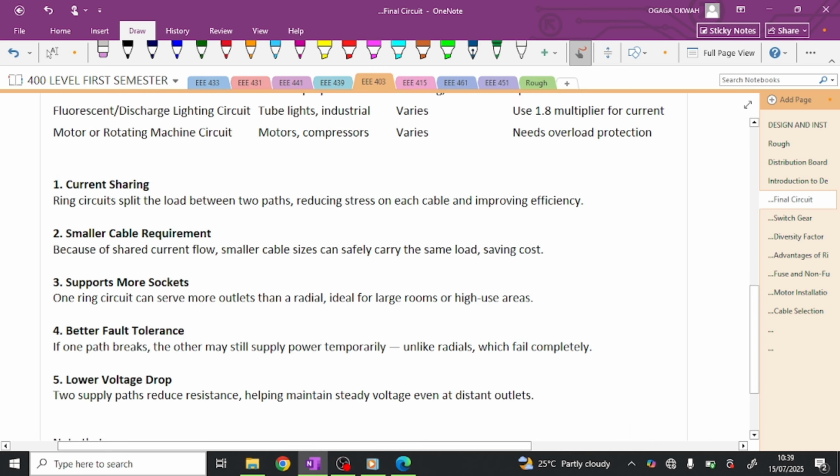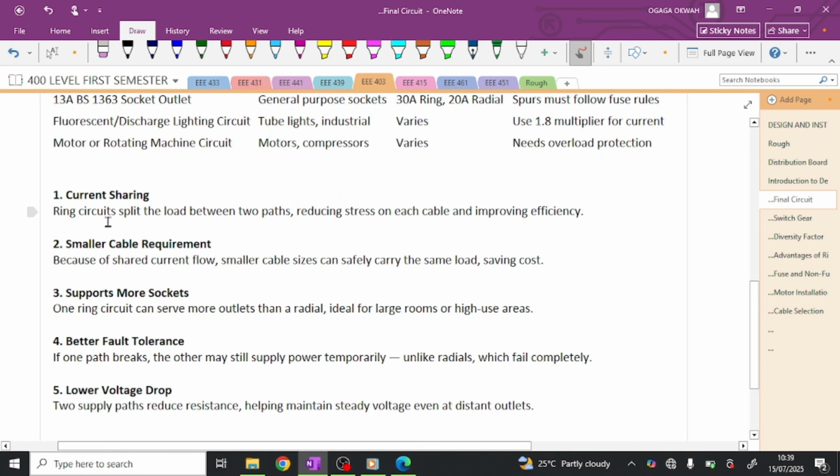What was asked in the past question is the advantage of having a ring final circuit over a radial final circuit.